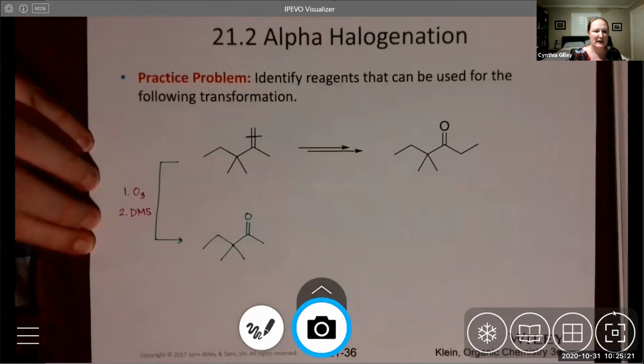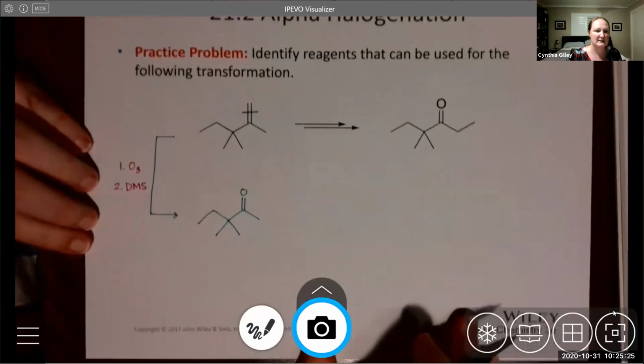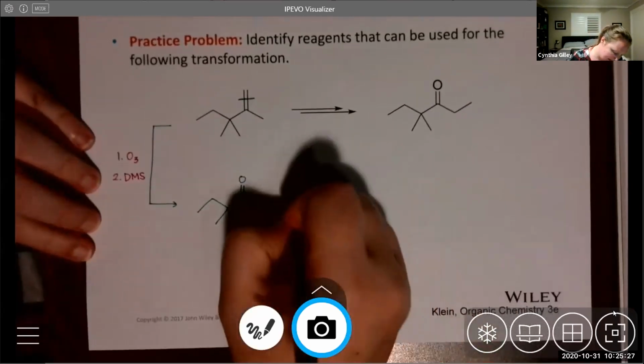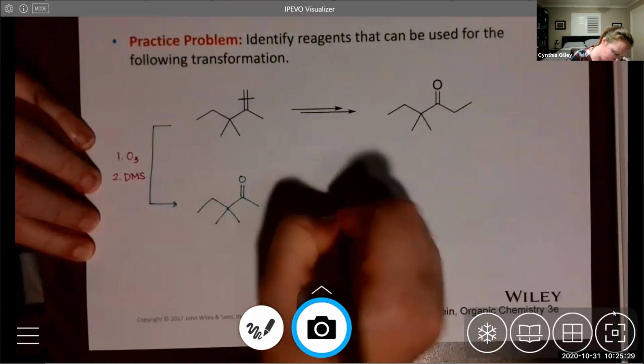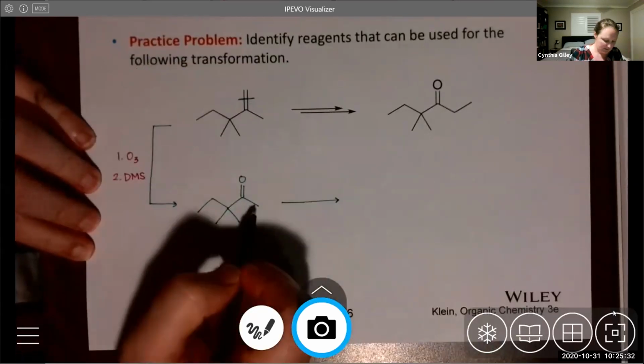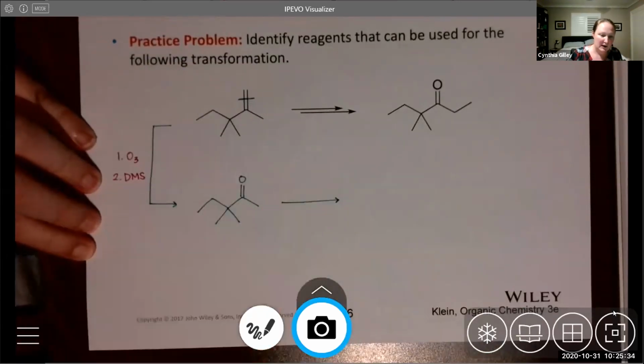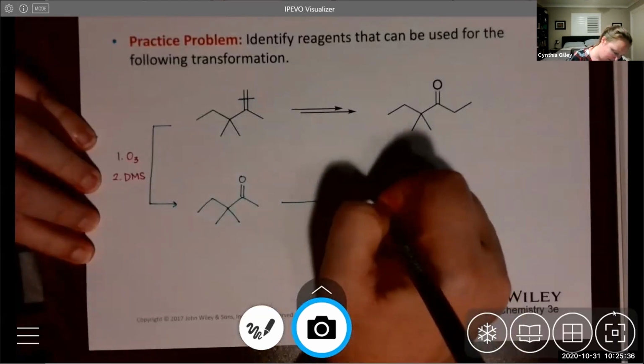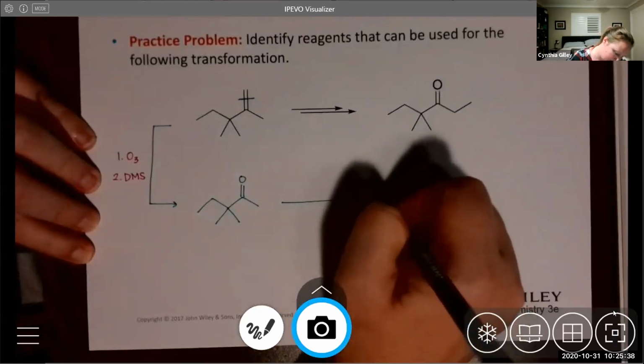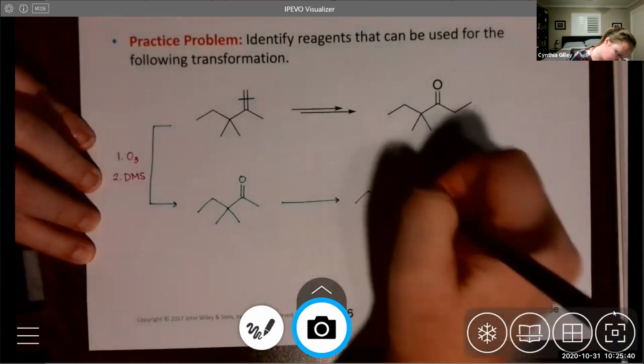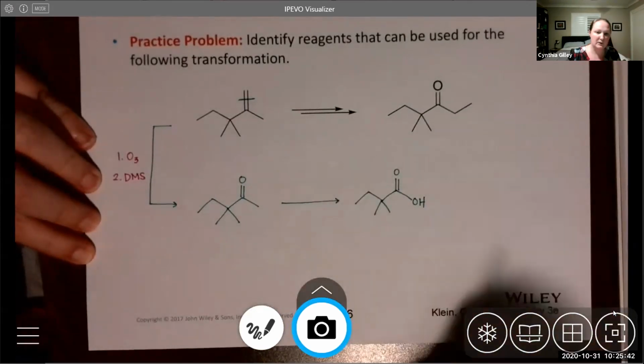So maybe there's a way to utilize that in this synthesis. What if we use the haloform reaction to convert this methyl ketone to a carboxylic acid? Would that be helpful to get closer to the product?